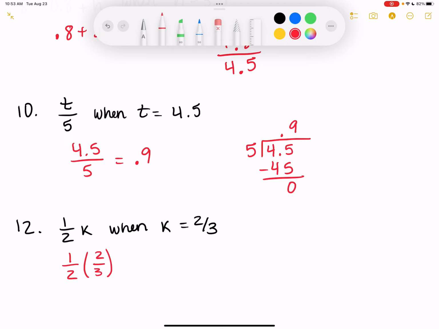So what can I do here? Y'all tell me. Since I'm multiplying two fractions, what am I able to do with that? No, if I was dividing, I would flip it. What do I have on the top of one and the bottom of another?